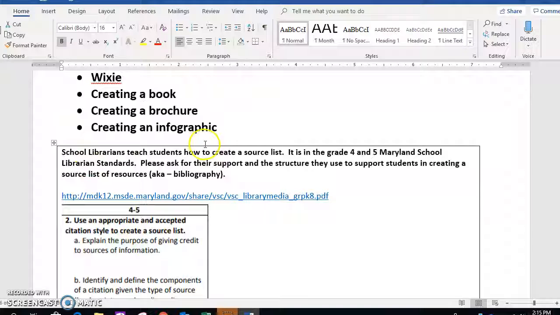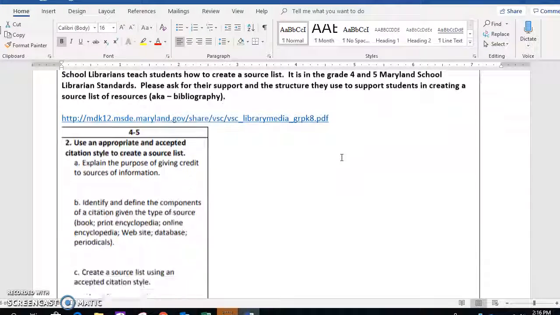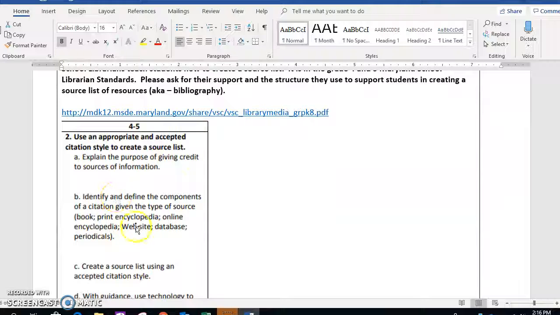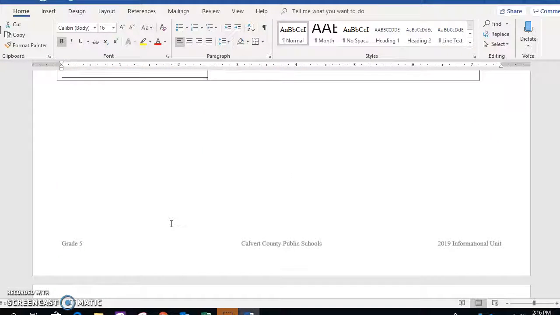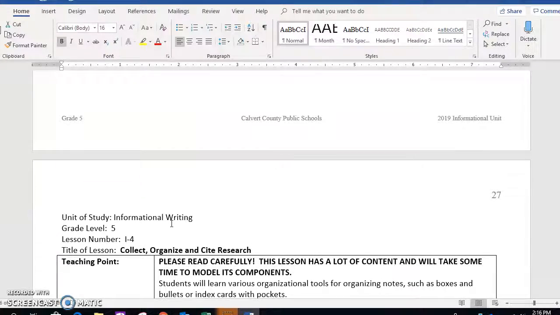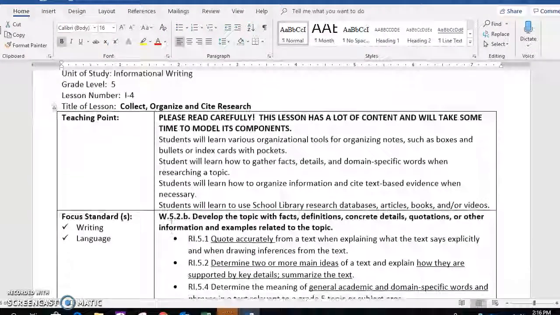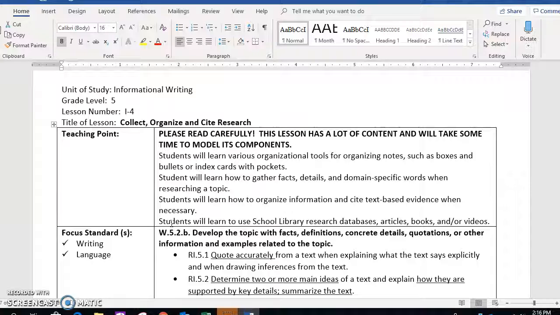Note that school librarians teach students how to create a source list. It's in their 4th and 5th grade standards. So please speak to them about how they teach them to cite information and how to create source lists. We know that on PARCC and in the standards that students in 5th grade are supposed to be able to synthesize information from 3 texts, that being video or text in front of them, print text.